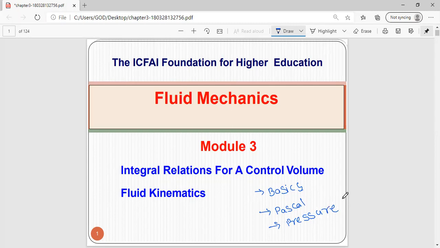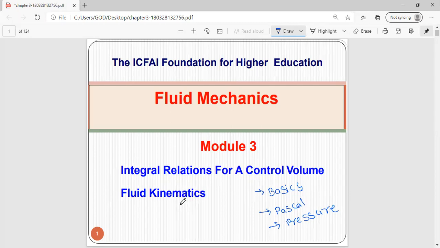In the coming chapters, we'll discuss fluid kinematics, which is a part of dynamic behavior. Dynamic behavior is generally classified into two categories: one is kinematics and the other is kinetics.